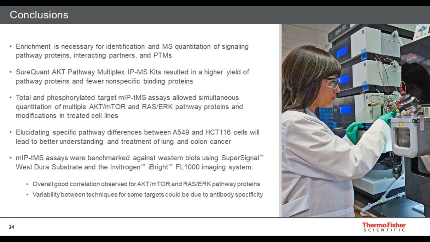With the AKT pathway multiplex IP-MS kits, we get a higher yield of pathway proteins and very few non-specific bindings, which allows a better signal to noise and better quantitation for these pathway targets. Also, these total and phosphorylated targeted multiplex IP-MS kits allow the simultaneous quantitation of multiple AKT mTOR and RAS ERK pathway proteins, as well as the modifications in a treated cell line.